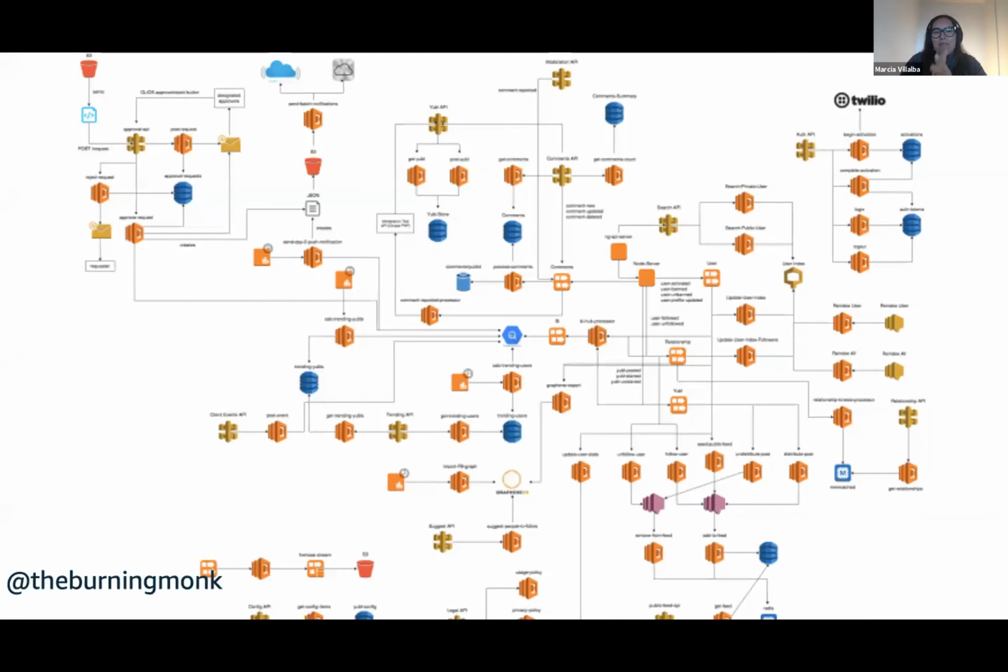It's maybe a little bit, I like this example because it's a very busy picture and I don't think it's a good way to display an architecture like this, but it's a real architecture of a social media app that the Burning Monk, one of the serverless heroes, created in the past. And I think it's a good representation. If you put everything in the same picture, it just looks like little Lego blocks connected to each other that do small little things and make the whole system work.